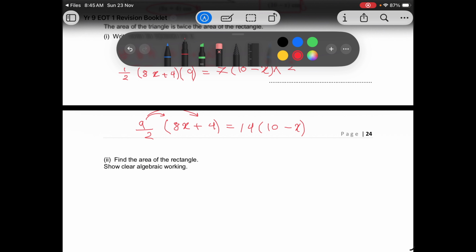So it will be 36x plus 18, because 9 over 2 times 4 is 18, equals 140 minus 14x, like that.